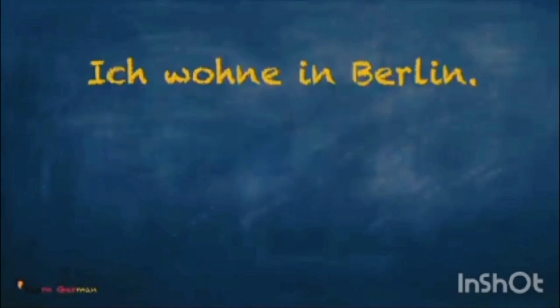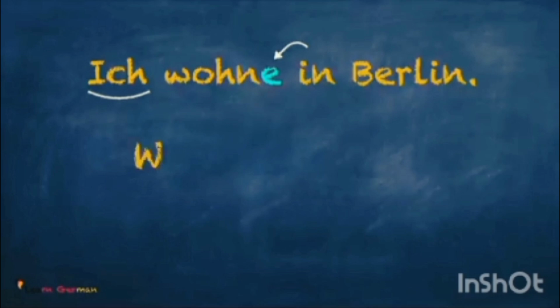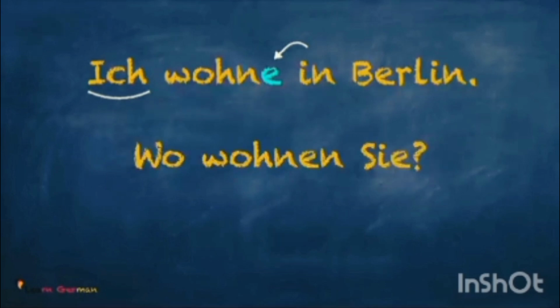Ich wohne in Berlin. The subject is ich, and just concentrate on the verb conjugation ending, which has been highlighted. And the second sentence, wo wohnen Sie? The subject is Sie and the ending of the conjugation is highlighted.